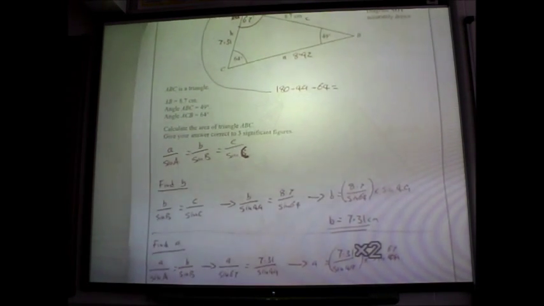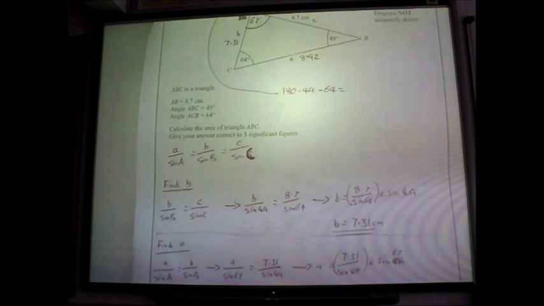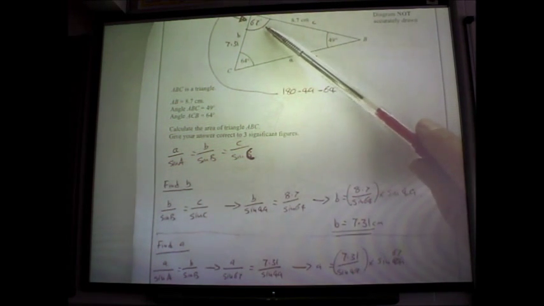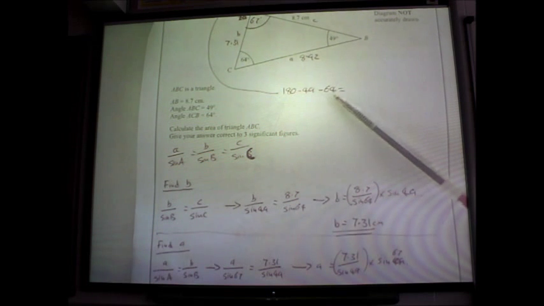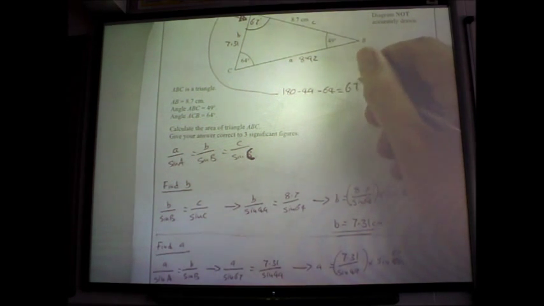Side A is down here. What I've done for side A is, and I hope you can see it, A over sine A equals B over sine B. We don't know A, but we do know what sine A is because it's 67, which we can find out by doing this sum here, because there's 180 degrees in a triangle, so it equals 67 degrees.